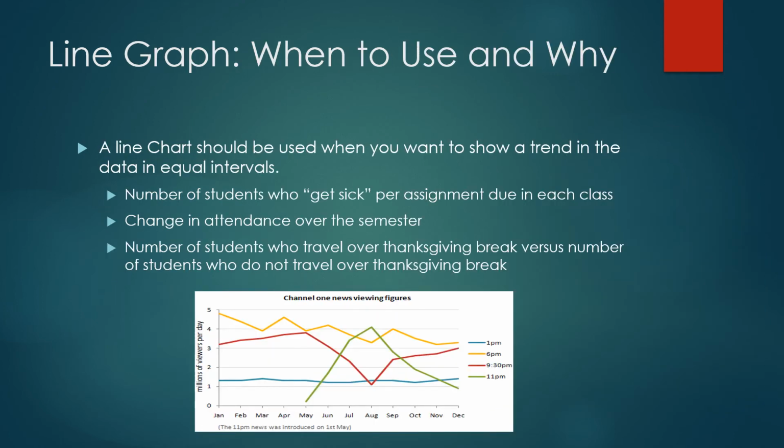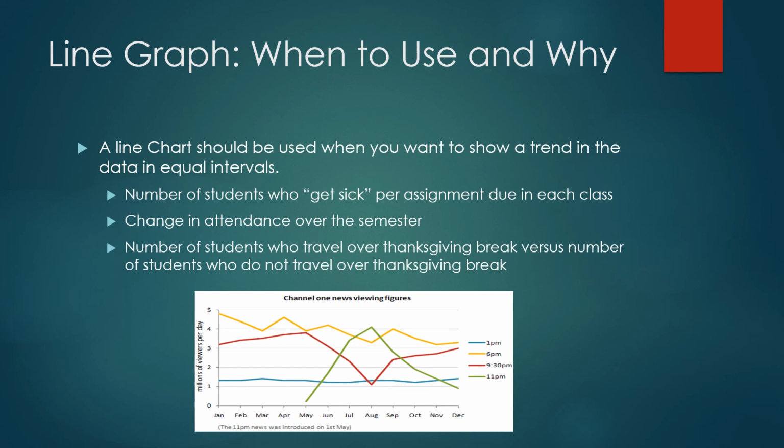A line graph. This is used when you want to show a trend in any type of data, because you're going to see how the trends move through time here in this case, right? So, theoretically, number of students who get sick per assignment due each week, change in attendance over the semester, and number of students who travel over Thanksgiving break versus number of students who do not travel over Thanksgiving break.